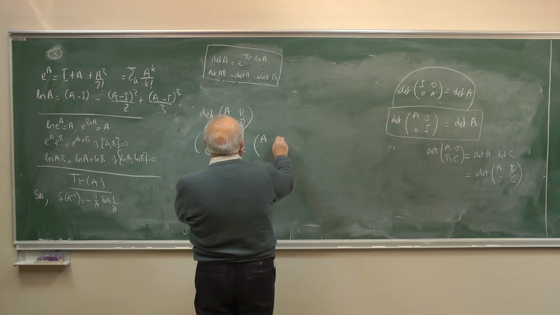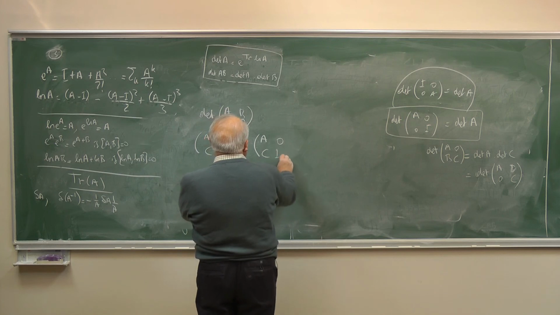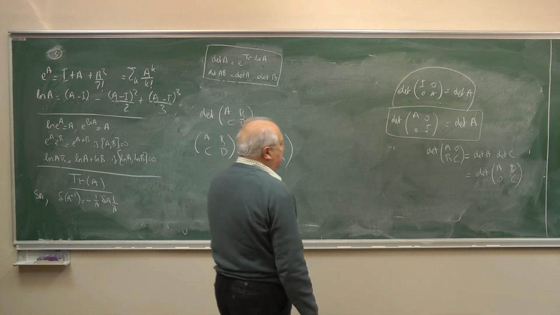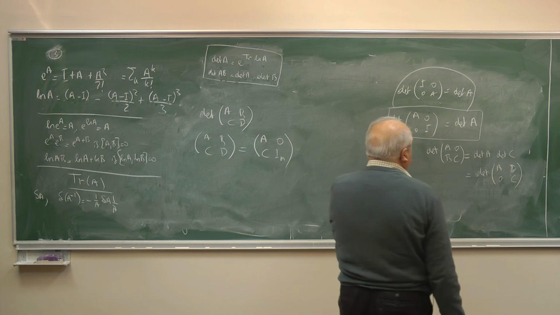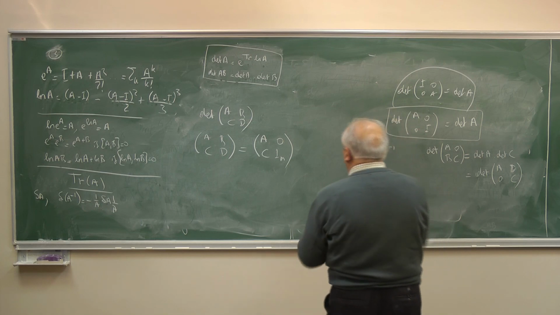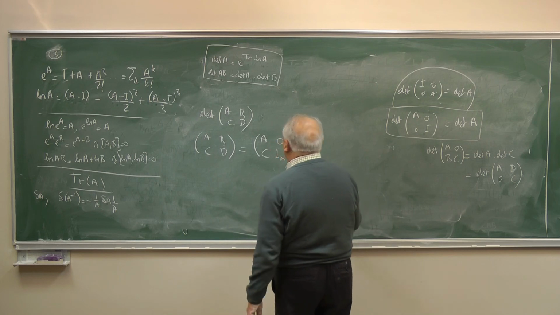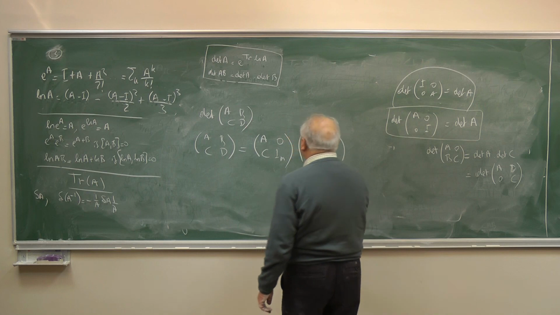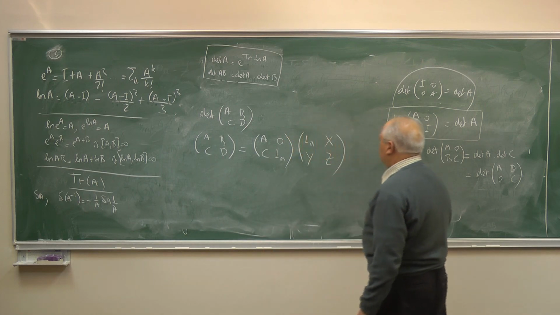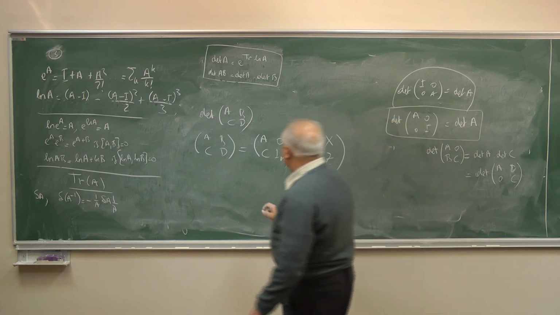Let's try A, 0, C, I_m, times I_n, and of course the rest we don't know, X, Y, let's say Z. And let's find X, Y, Z.